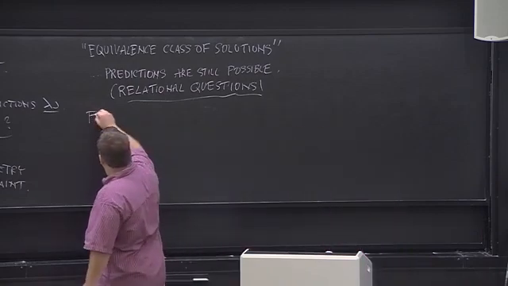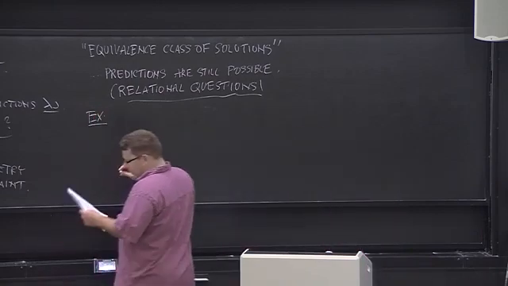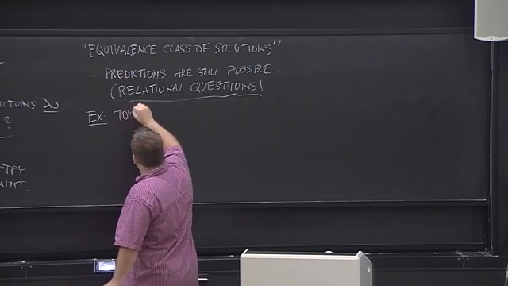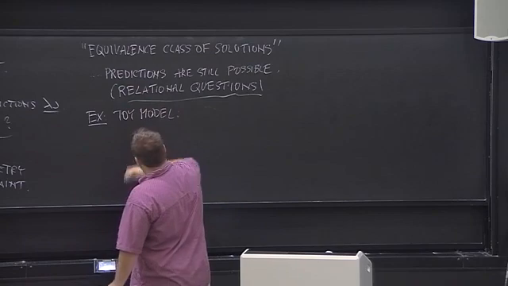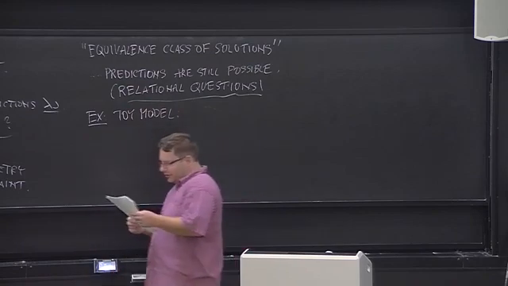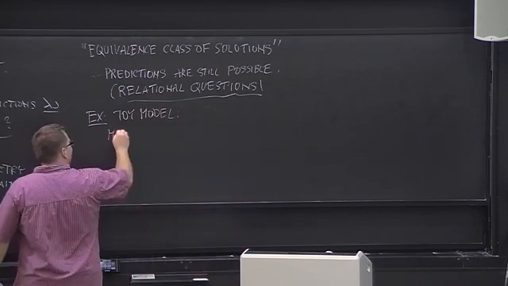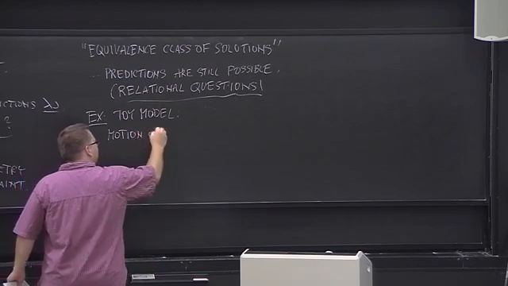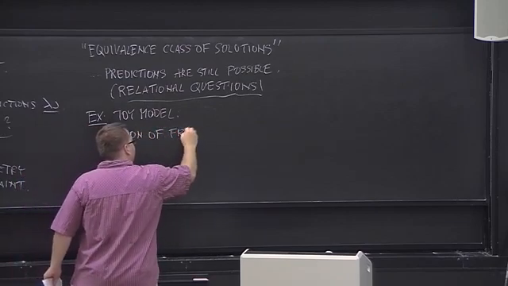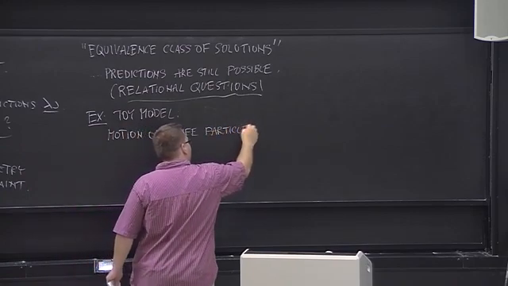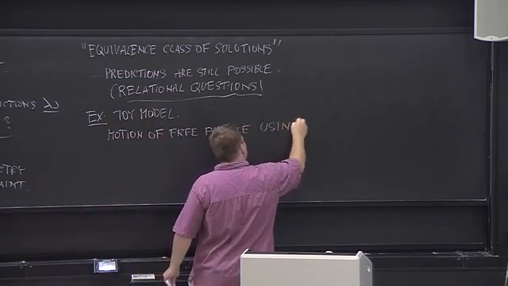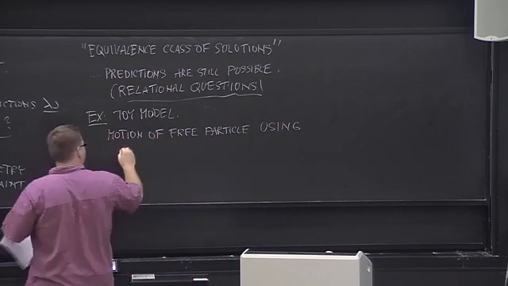Okay, so the example which we will discuss will be a toy model of a theory where you consider a motion of a free particle using a lousy clock.